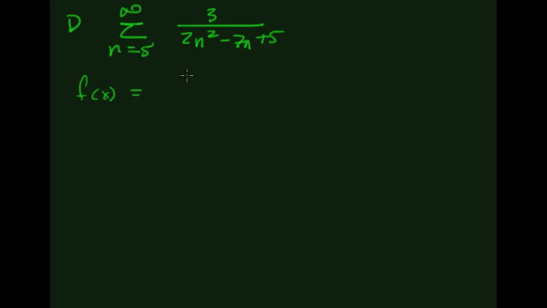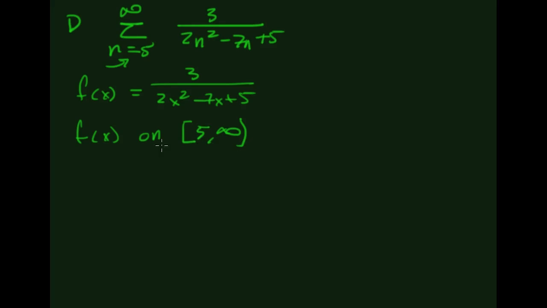All right, so part D asks me about the sum from n equals 5 to infinity of 3 over 2n squared minus 7n plus 5. And does this converge? So here's the thing. Let f of x be 3 over 2x squared minus 7x plus 5. F of x on the interval 5 to infinity, because note this counter starts at 5, is the following.